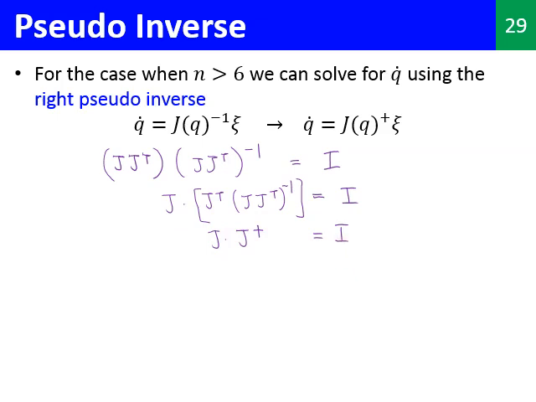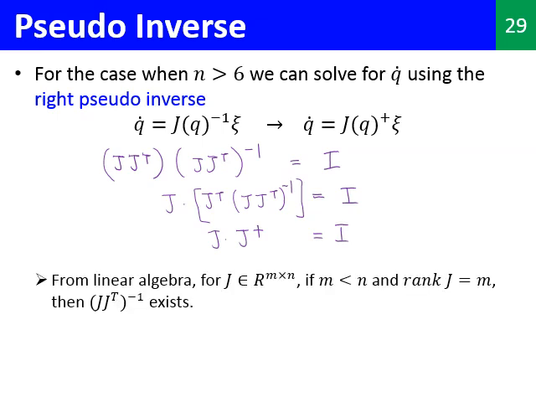Now from linear algebra, for an m by n matrix where m is less than n and the rank is equal to m, the inverse of that matrix times its transpose would exist. That result comes from linear algebra theory.